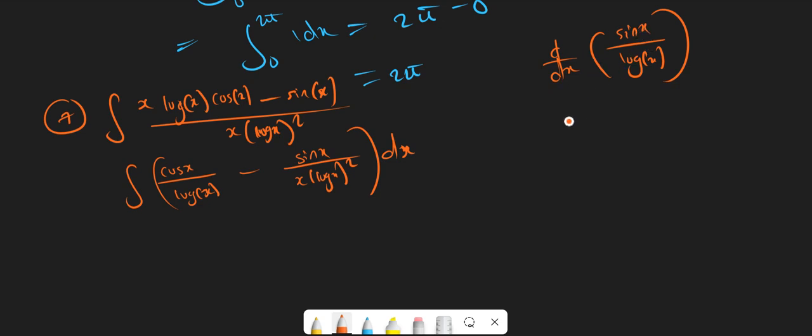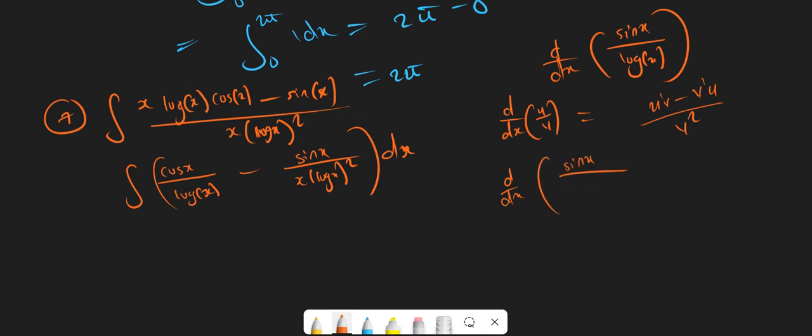Because if you take d dx of, let's say, u over v, you would have v squared at the bottom, and at the very top, you will have the derivative of u multiplied by v minus the derivative of v multiplied by u. So in this case, d dx of sine of x divided by logarithm of x would have logarithm of x squared at the bottom. Of course, that is where this log x squared came from.